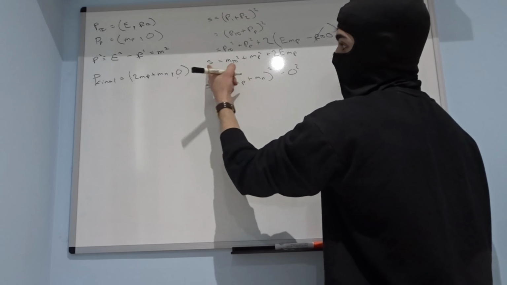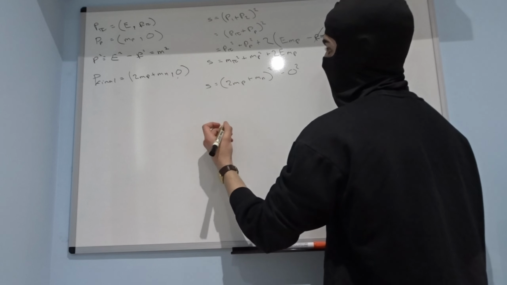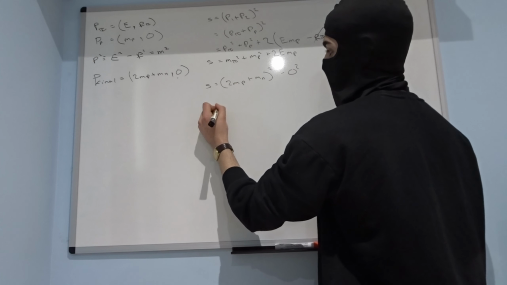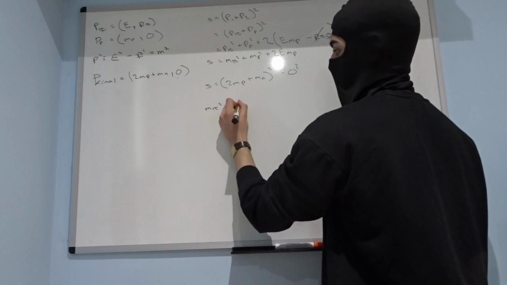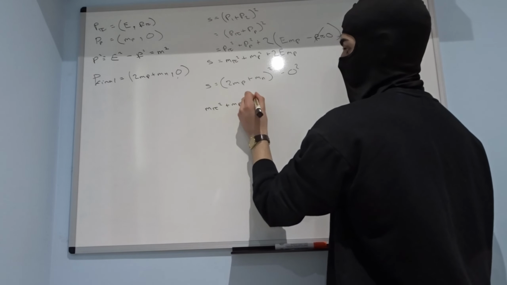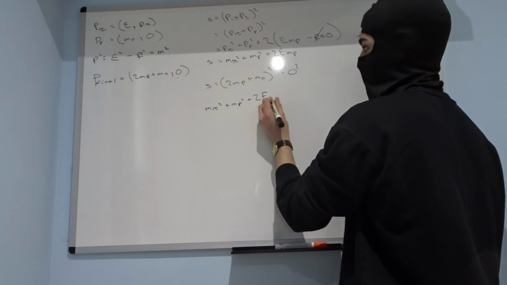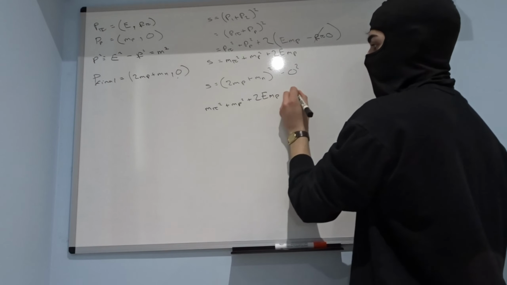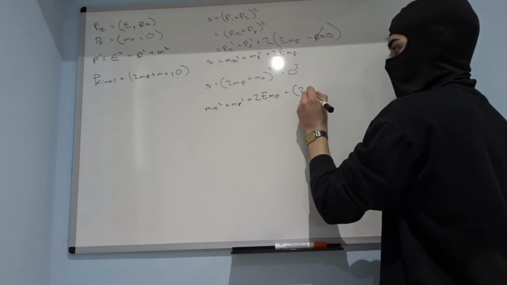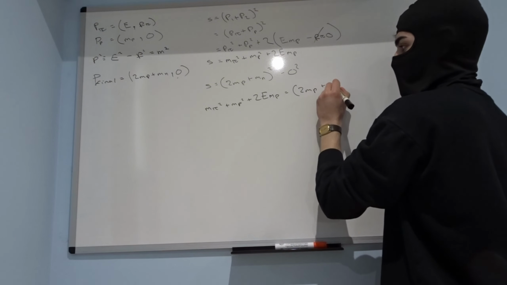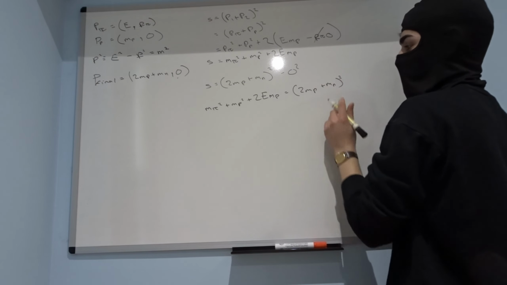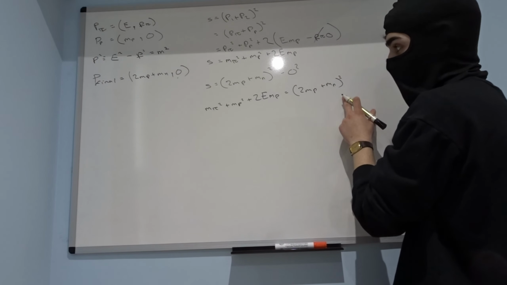So we can equate these two, and we will get m pi squared plus m proton squared plus 2 times the energy that we're trying to find times mass proton, equal to 2 mass proton plus mass neutron, squared.